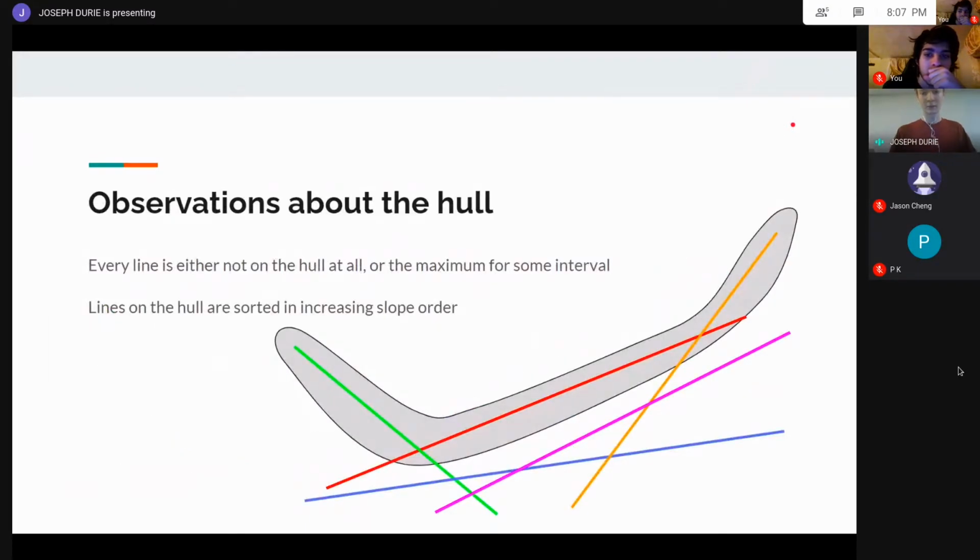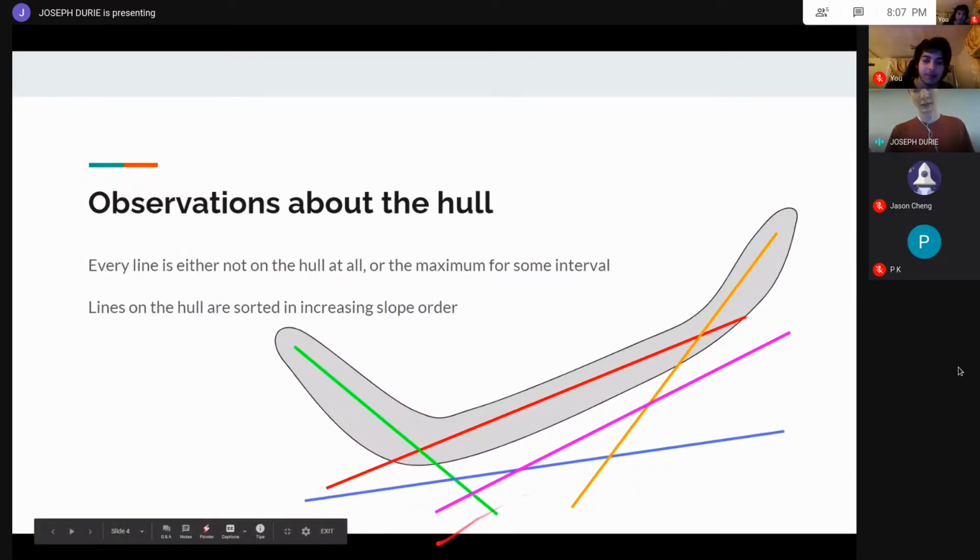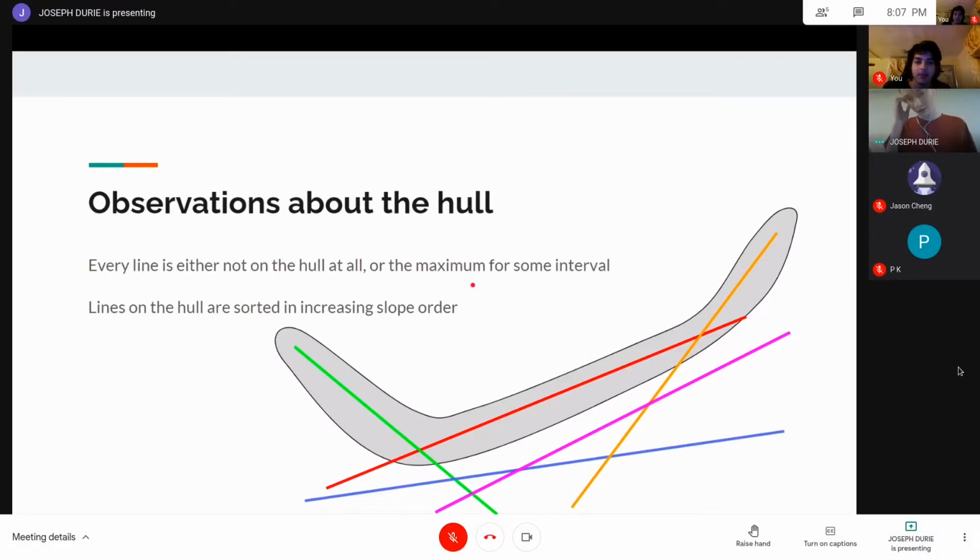A couple of other observations we can make about this. Every line is either not on the hull at all, so it's not contributing anything to the maximums, like the blue line and the pink line, or it's the maximum for some interval. If you have two points where a given line is the maximum, it has to be the maximum everywhere between those two points.